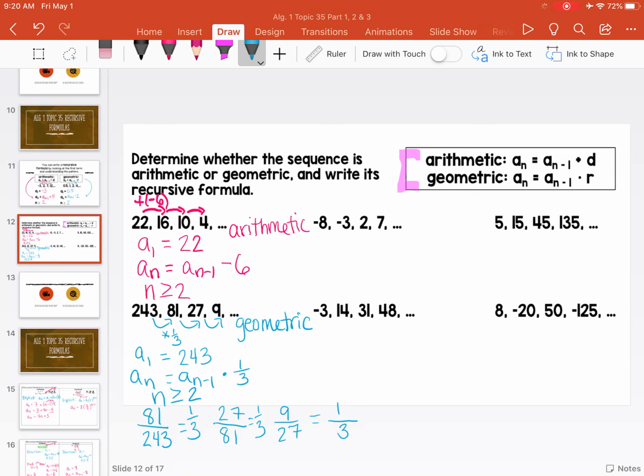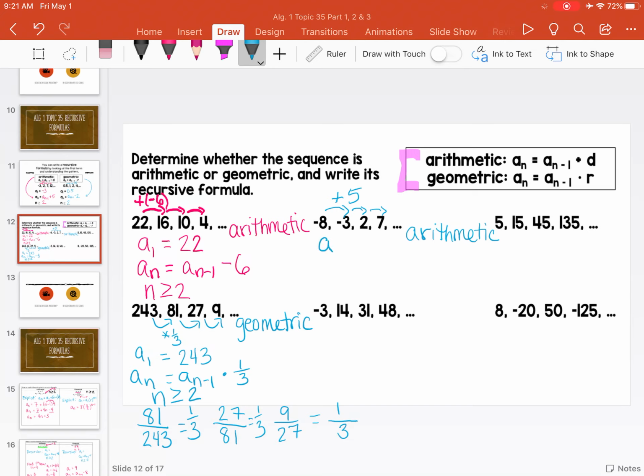Moving on to the middle column, we start with -8, -3, 2, and 7. Now, again, if I think about these numbers on the number line, I think that this is an arithmetic sequence. Specifically, in order to get from -8 to -3, from -3 to 2, from 2 to 7, I'm adding 5 every single time in order to jump from one number in the sequence to the next.